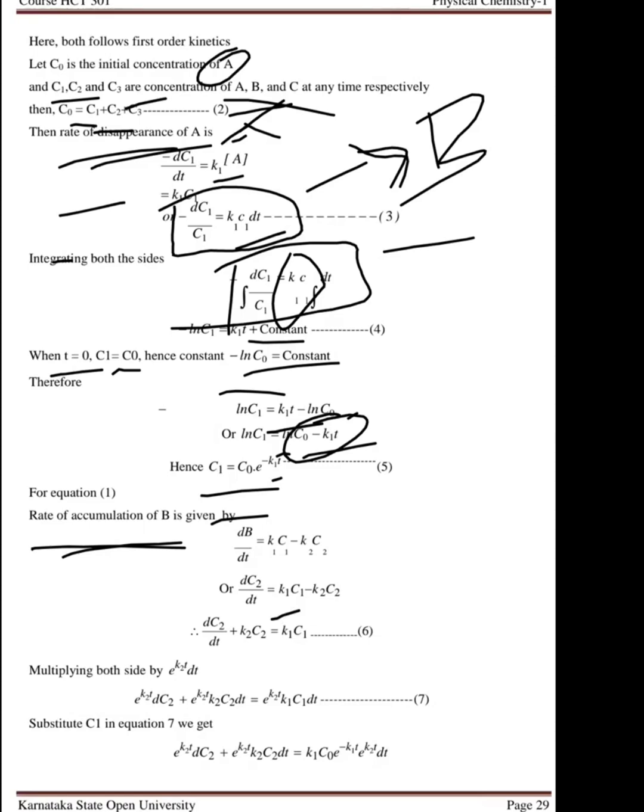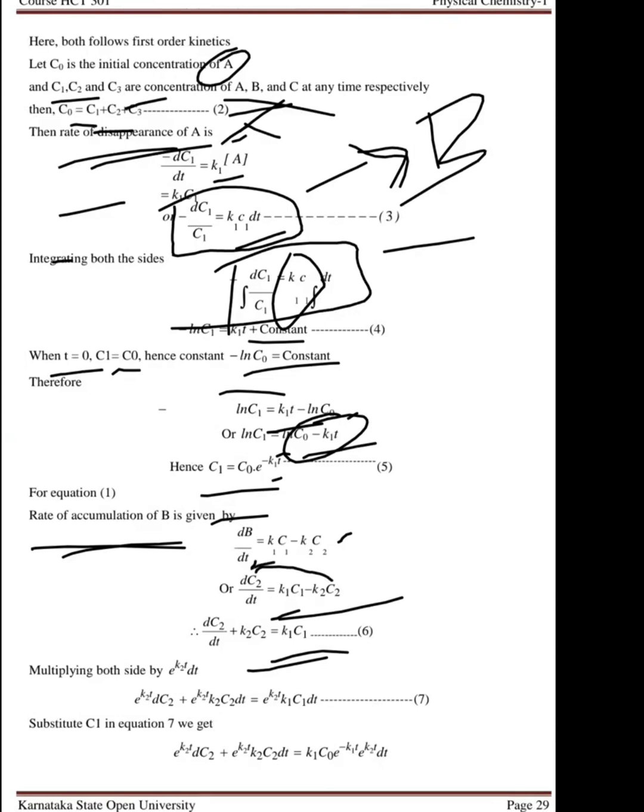K1 is the rate constant of formation of A to B, and K2 is the rate constant of B to C. C1 is the concentration of A and C2 is the concentration of B. It can be denoted as d by dt of C2 plus K2 C2 is equal to K1 C1, with K2 C2 taken on the left hand side.